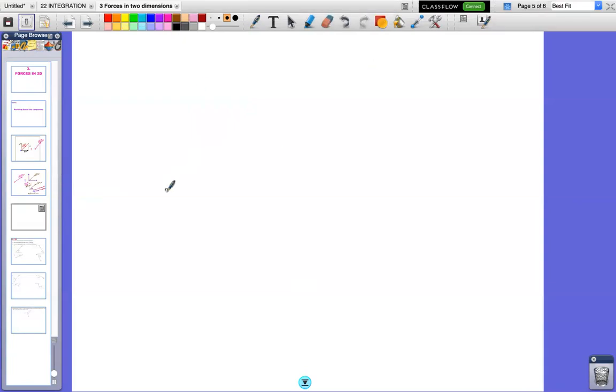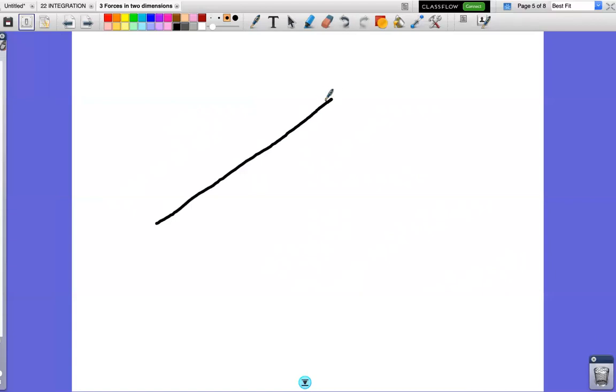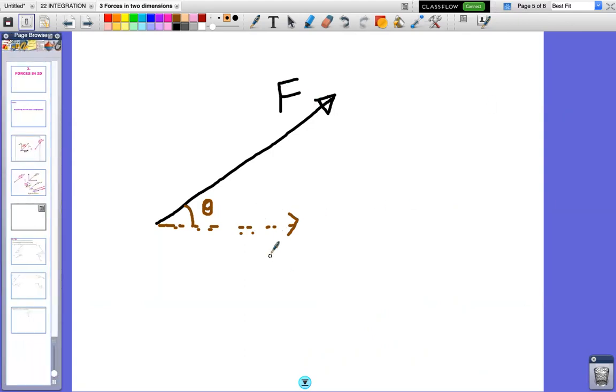If you have any force that makes an angle of, say, theta to the x-axis, and the magnitude of this force is F, then the magnitude of the horizontal component will be F cos theta.